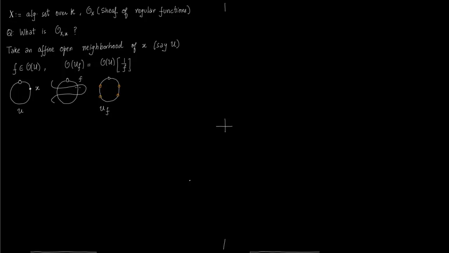So this is U_f, and O of U_f is, you started with the ring O of U, which we have discussed many times, and then you append to it 1 by f.